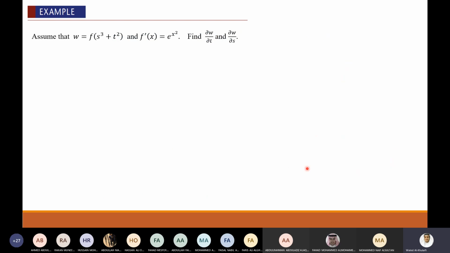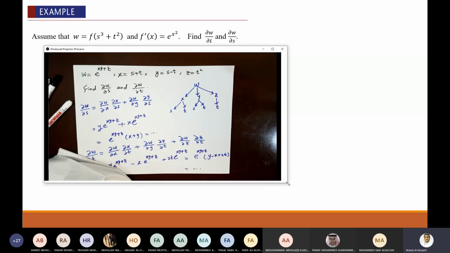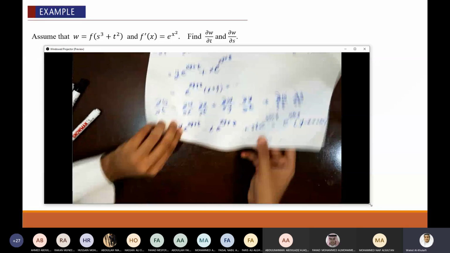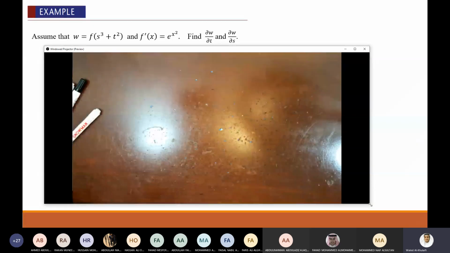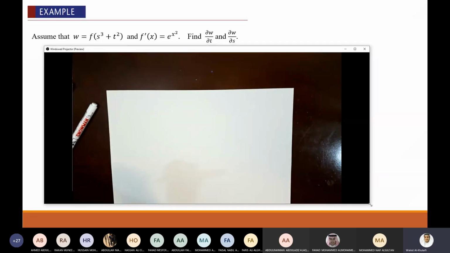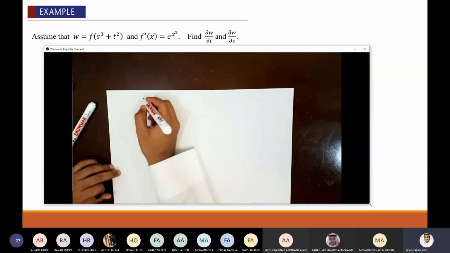Okay. Now let's solve this example. The question says, assume that w is equal to a function f of s cubed plus t squared, and f prime of x is equal to e to the x squared. Find partial w by partial t and partial w by partial s.